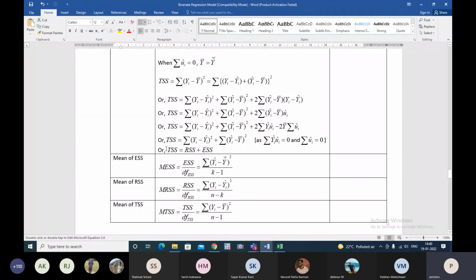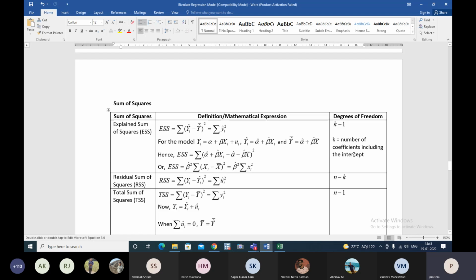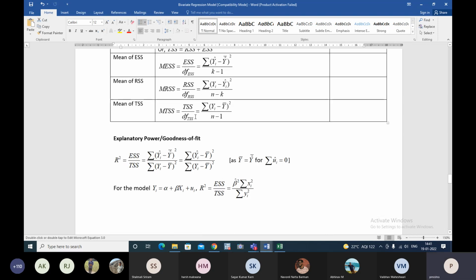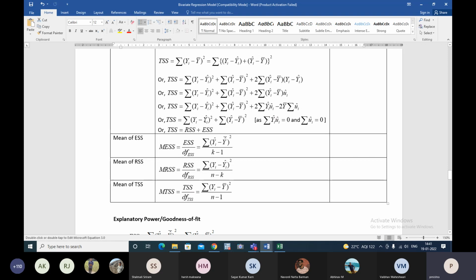So when I say mean of explained sum of squares, it is basically explained sum of squares divided by the respective degrees of freedom. Now again, this concept of degrees of freedom I'll discuss a little later because it requires some understanding of other parts of statistics. So I'm not focusing on that right now, but I'll get back to that.